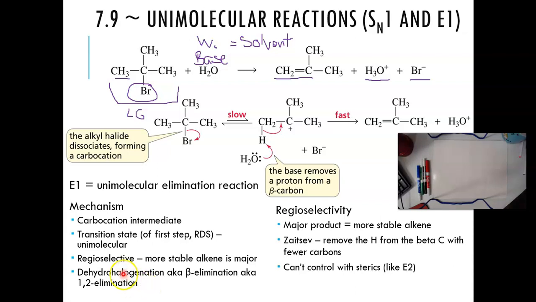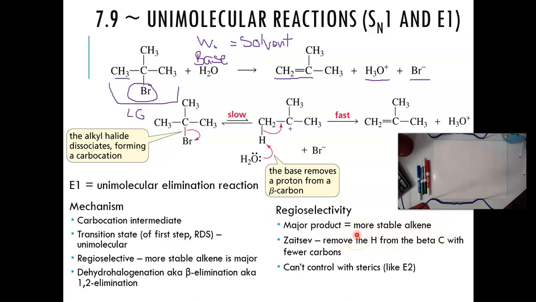The last thing that's on this slide is the regioselectivity. Now, we have a carbocation in our intermediate here, and so when our base approaches, it can remove hydrogen from the available beta carbons. The one that's going to be removed will be the one that produces the most stable alkene.